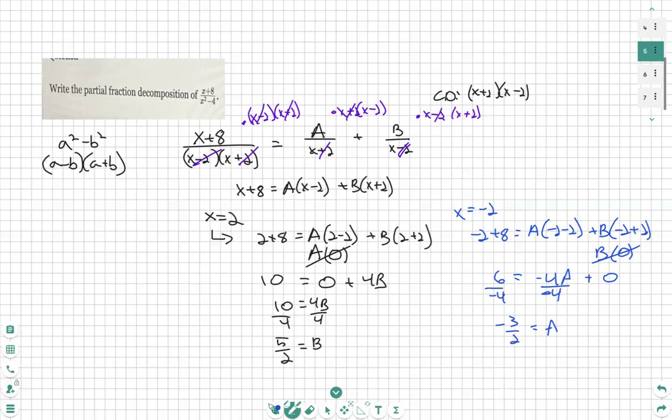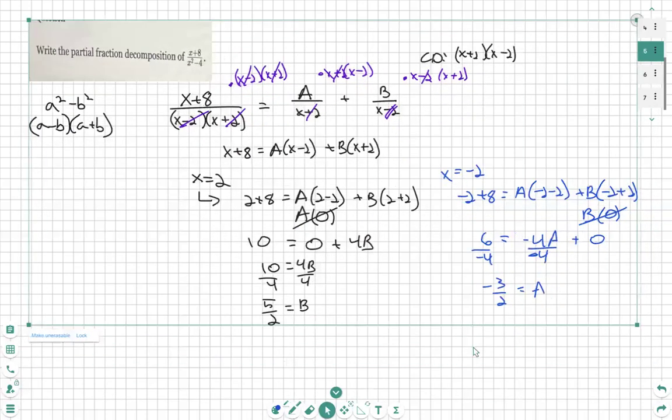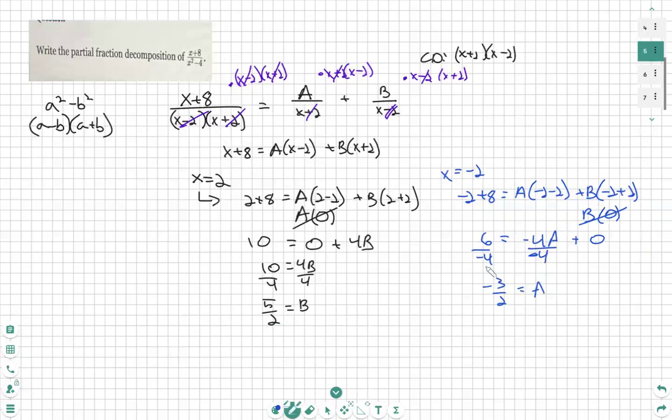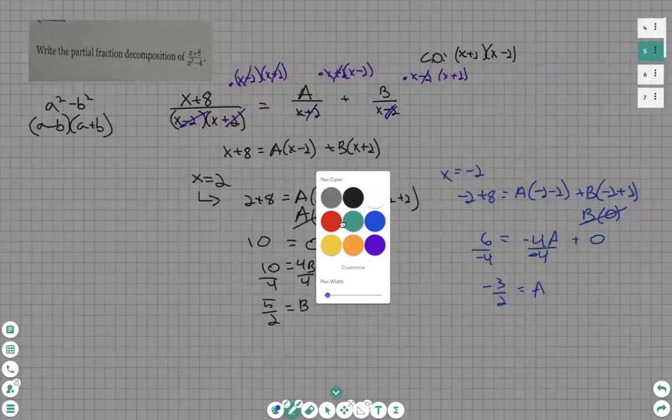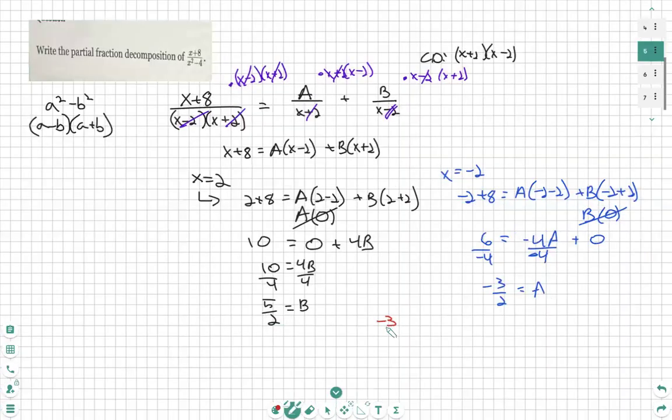Now, to rewrite my final answer, all I'm going to have to do is replace A and B. Notice that we have a fraction for A, but it's super easy. We keep the numerator in the numerator and put the denominator with the denominator we originally started with up here. So then we have negative 3 over 2(x + 2), because that's A, which is negative 3/2.